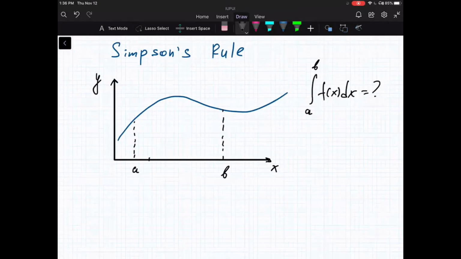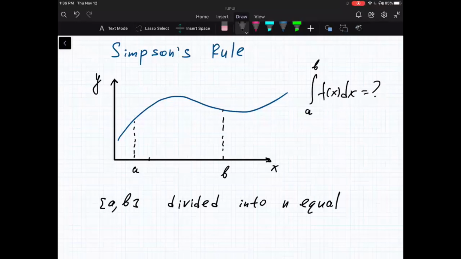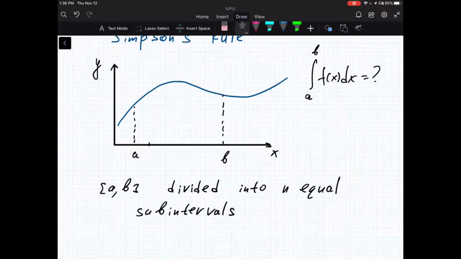First of all, you divide your interval ab into n equal subintervals of equal length.